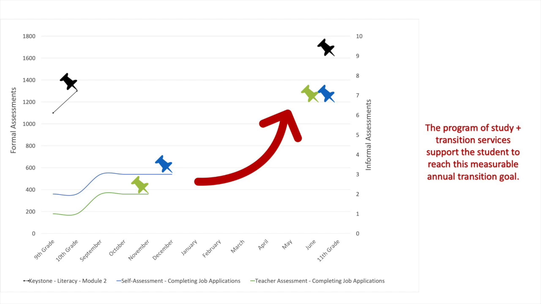So we should be meeting to discuss midpoint progress and to make decisions on how current services, supports, and a program of study are supporting the student in reaching their transition goals. In this example here, we see that the student has made improvements according to the informal assessments used by jumping on average about 1 or 2 total score points, but they are still pretty far from their goal of a total score of 7.